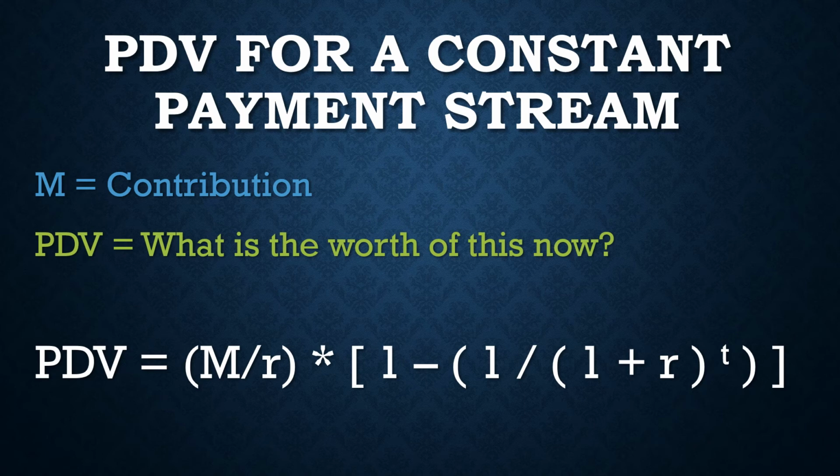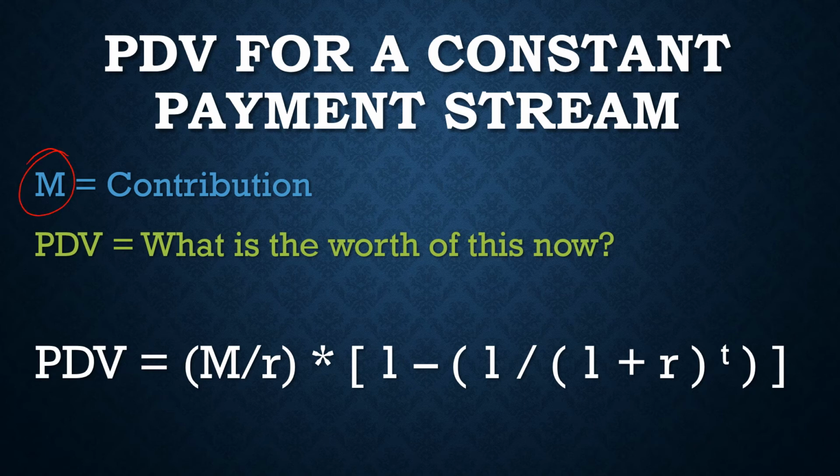So say your grandfather says that over the next 10 years, he's going to give you $1,000 each year, right? Each year you get that contribution, that amount m. You have this equation here, m divided by r, multiplied by 1 minus 1 divided by 1 plus r to the t. That becomes the present discounted value when we have a constant payment stream.